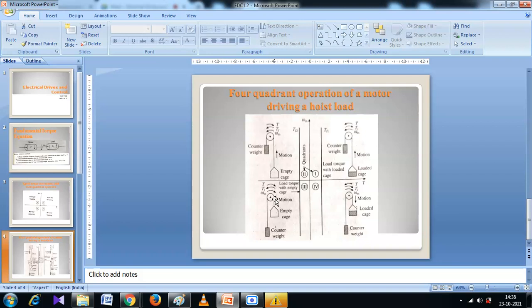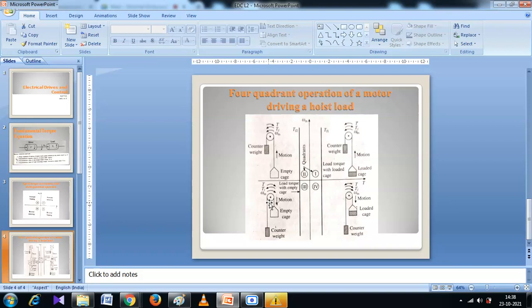So what is the direction of the torque at that time? Clockwise or anti-clockwise? Clockwise. And what is the direction of the rotation of the shaft at that time? Clockwise.